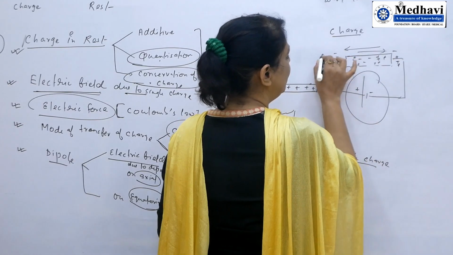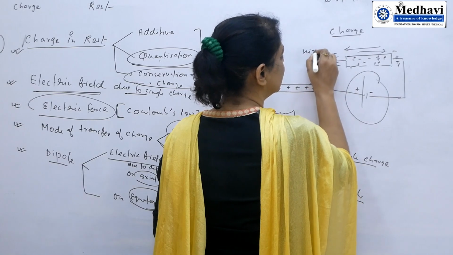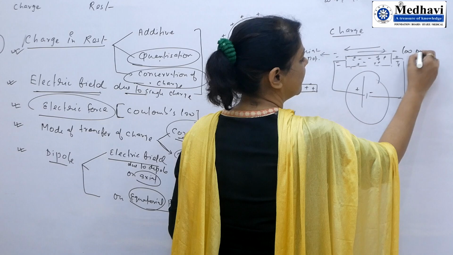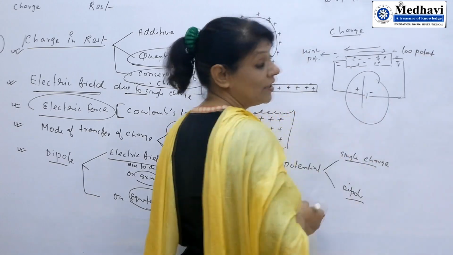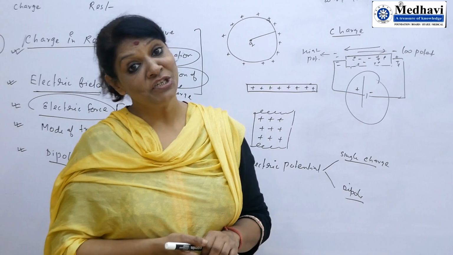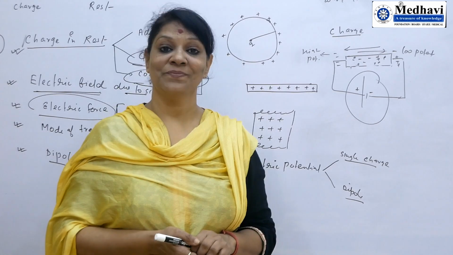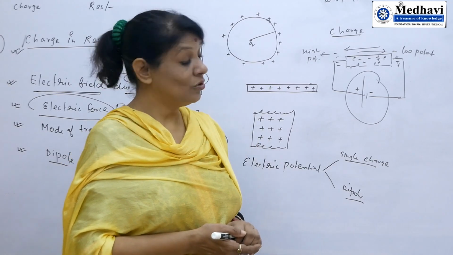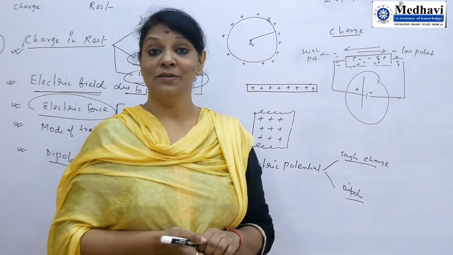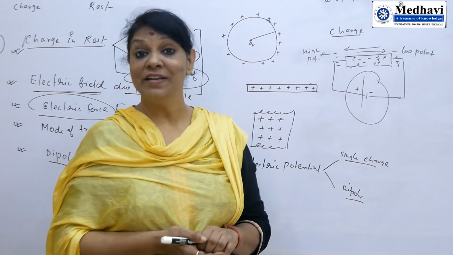So here will be high potential, and here will be low potential. And due to the potential difference, flow of charge will start. Just as a temperature difference makes heat flow, similarly a potential difference makes current or electricity start, the flow of charge in a given time.